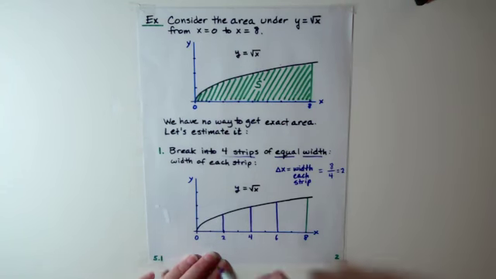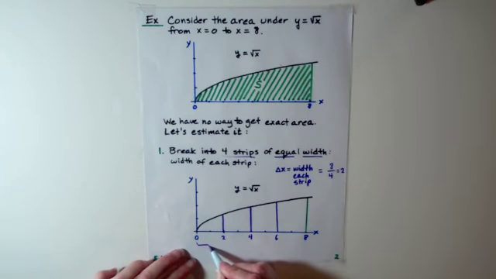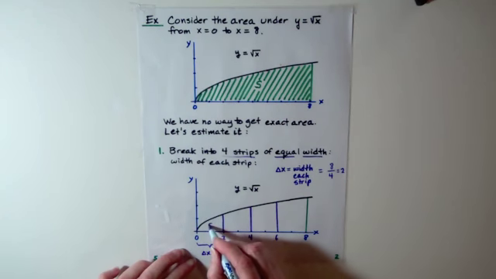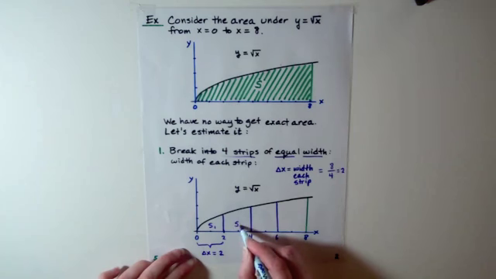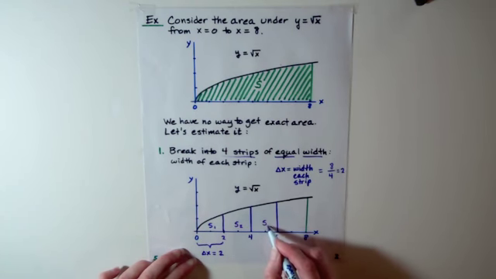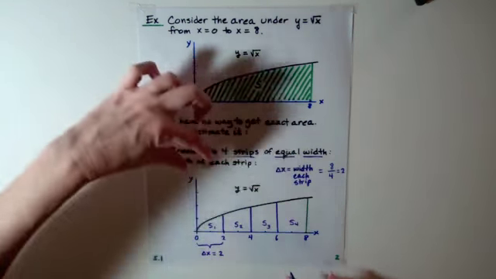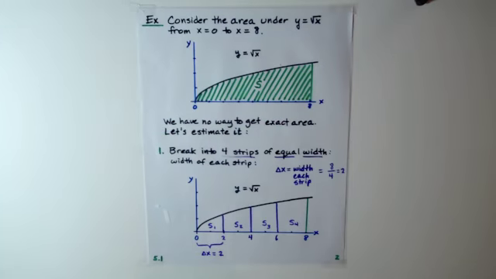All right, and the width of each of those strips is what we call delta x, and they're all of equal width, so they're all a width of 2. If you want to, you can call this strip S1, this strip S2, this strip S3, and this strip S4, so 4 different equal width strips. Now let's go to the next page and see what we do with those strips.